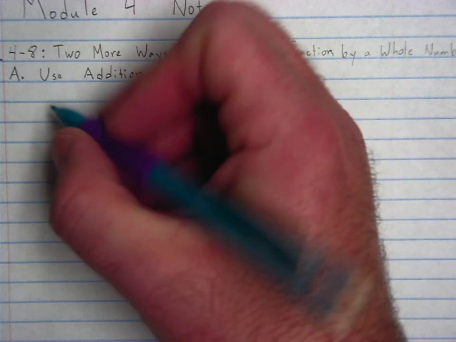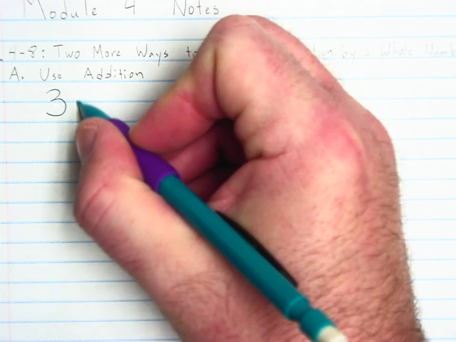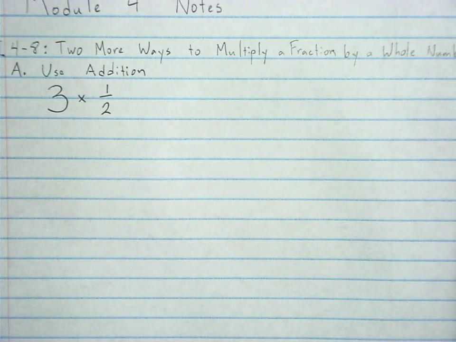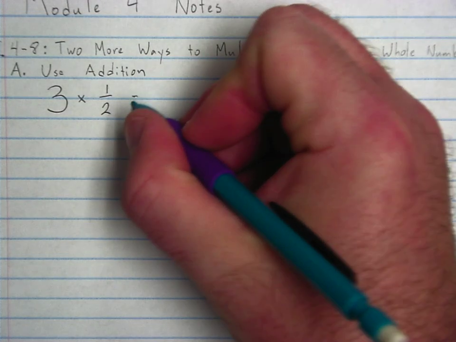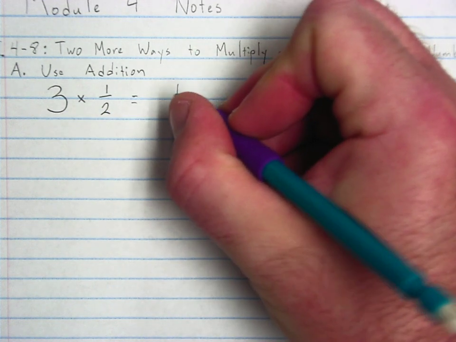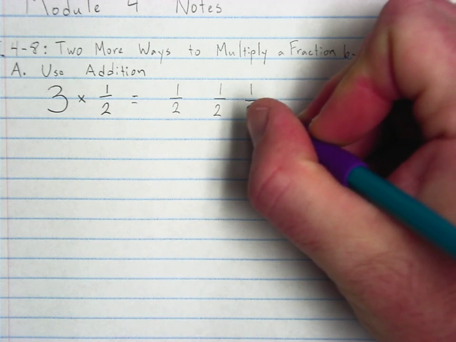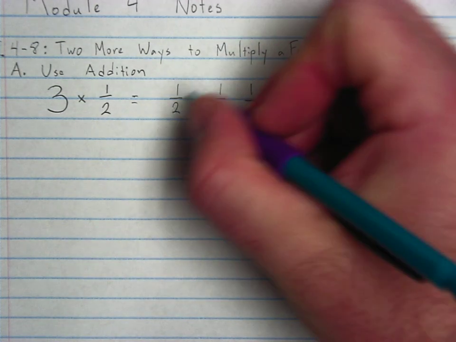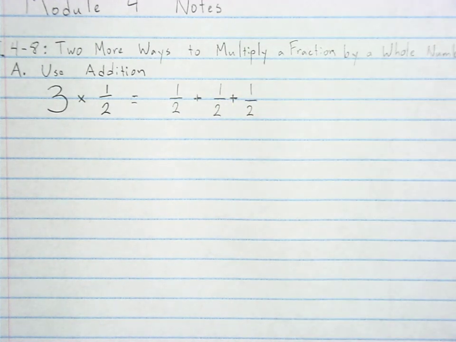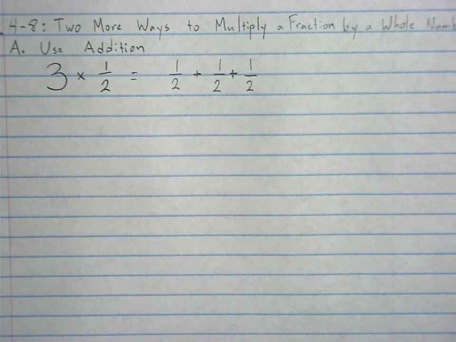Let's say I am looking at 3 times 1/2. Well, that would just be 1/2 three times. So 1, 2, 3. Now because we're multiplying, we are combining these together, which means it's the same as adding. It's one of the first things you learn about multiplication, that it's really just a faster way to add.